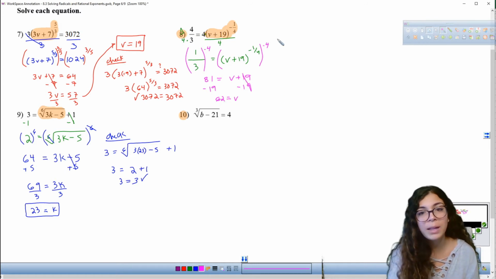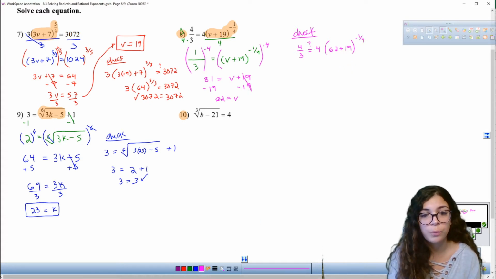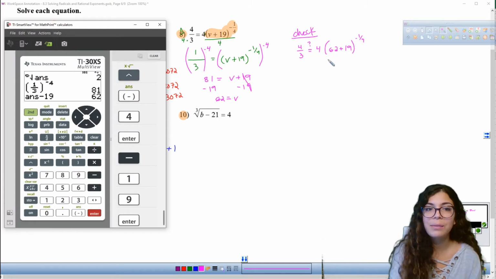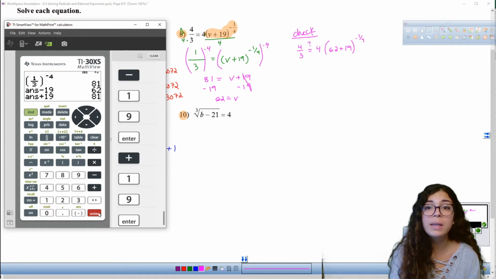How do we know it is a valid solution? Well, we need to check it. So let's go ahead and check 62. So 4/3 equals 4 times v, which we found v to be 62, plus 19 to the power of negative 1/4. Okay, so we have to check, is that actually true? So first let's start on the inside of the parentheses. 62 plus 19 is 81.